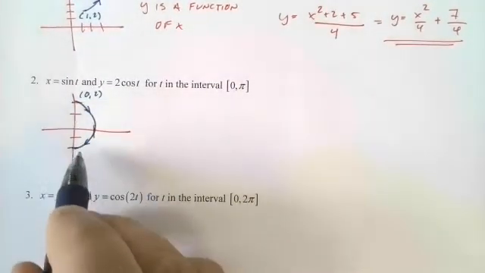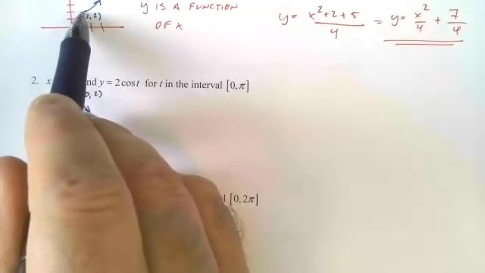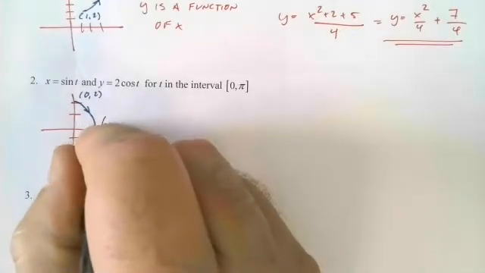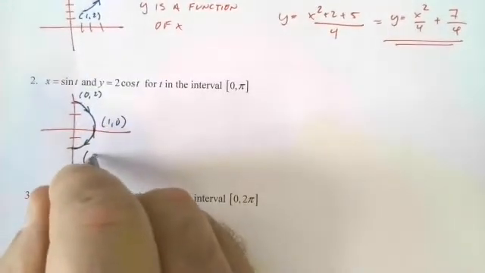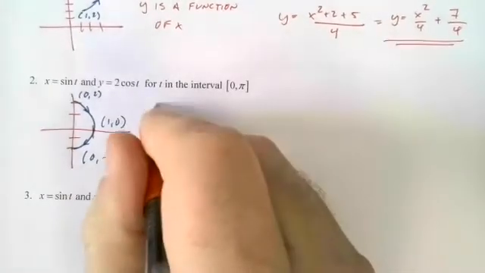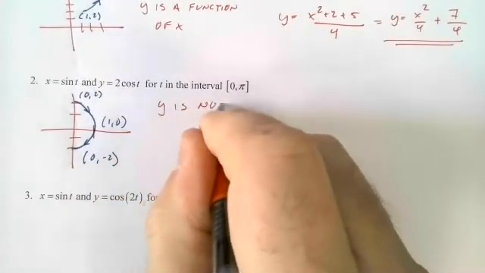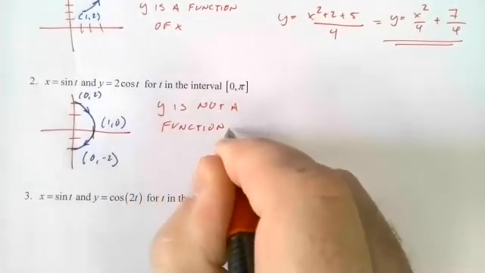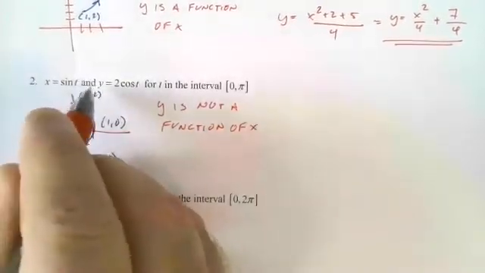That's obviously the starting point, ending point, same thing above, starting point, ending point. And looks like it hits here at 1, 0 and hits here at 0, -2. y is not a function. Vertical line test and all that, even though each one of these pieces is a function.